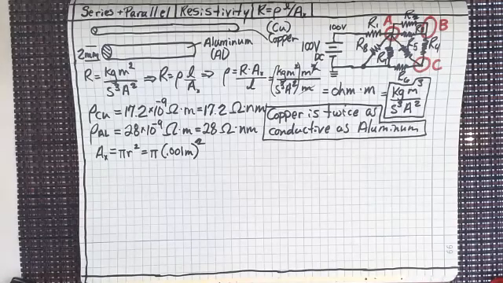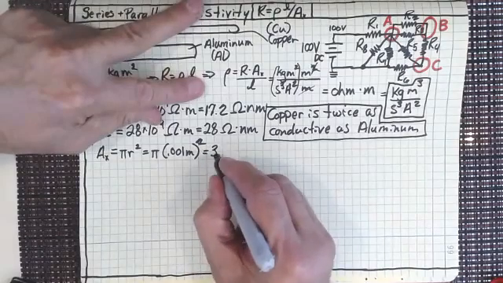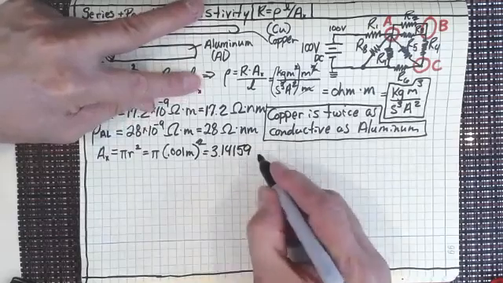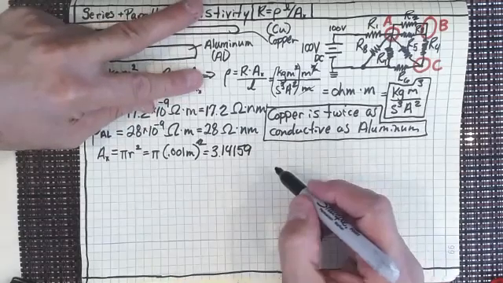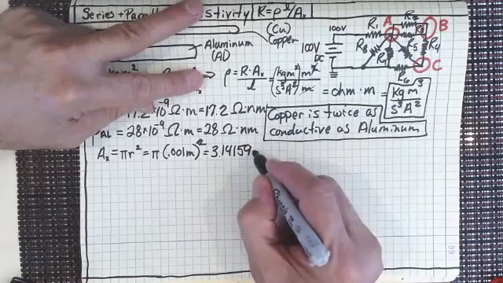So 0.001 squared times pi is 3.14159. Always remember, use pi out to 6 figures.